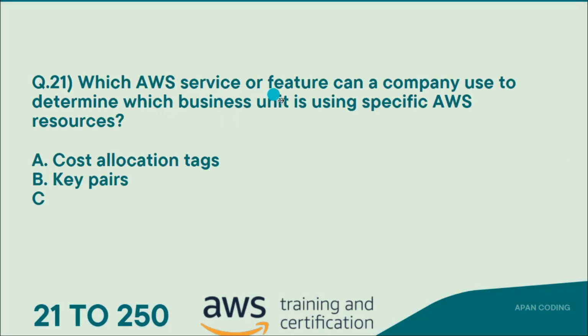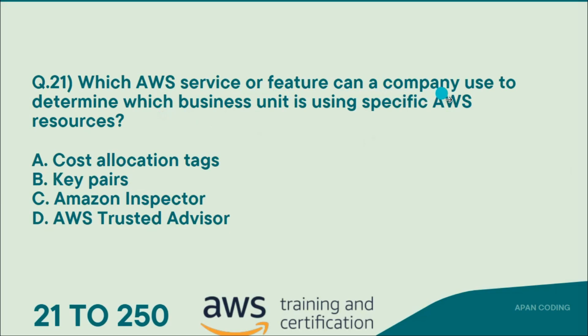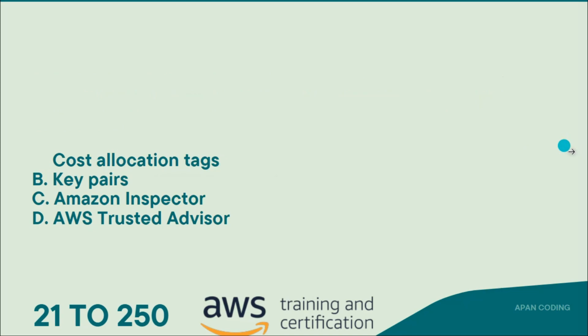Which AWS service or feature can a company use to determine which business unit is using specific AWS resources? Option A, cost allocation tags. Now let's see the explanation.